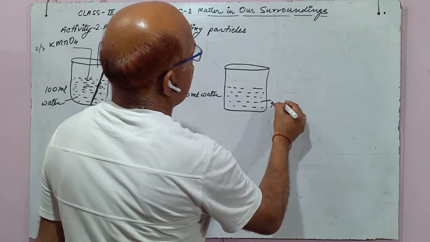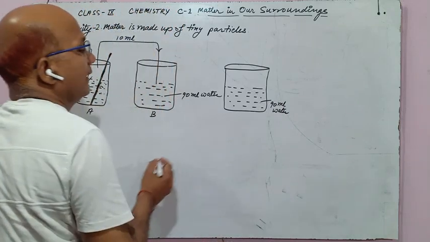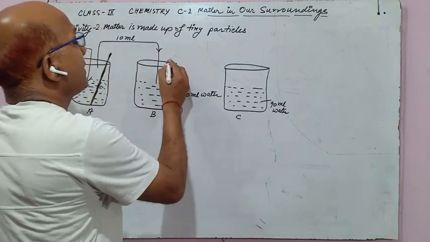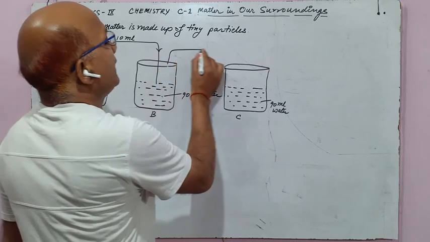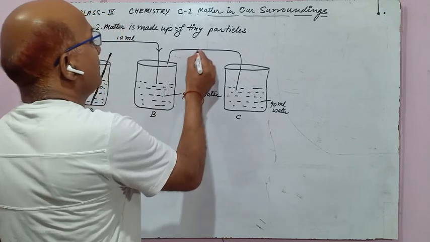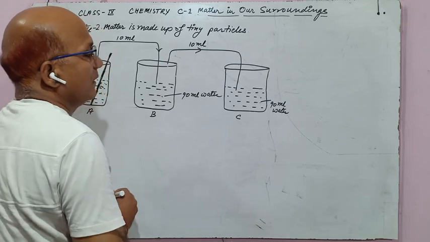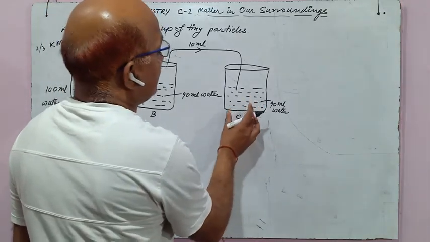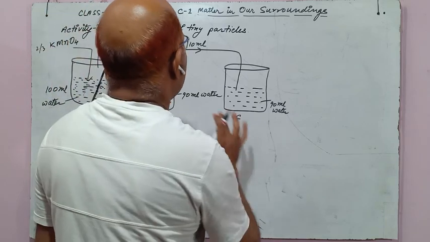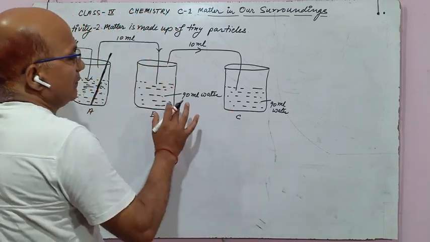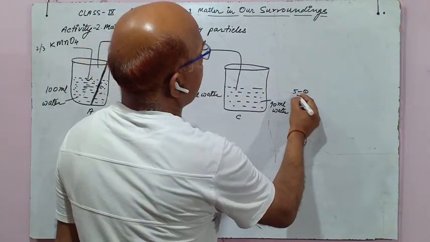Let this beaker be C, and now again transfer 10 ml solution from beaker B to beaker C. Again you will find the color of the solution is pink, and in this way we will repeat the same activity 5 to 8 times.